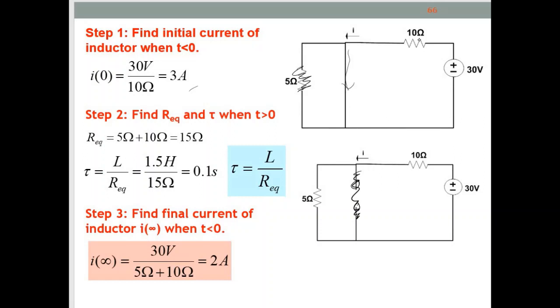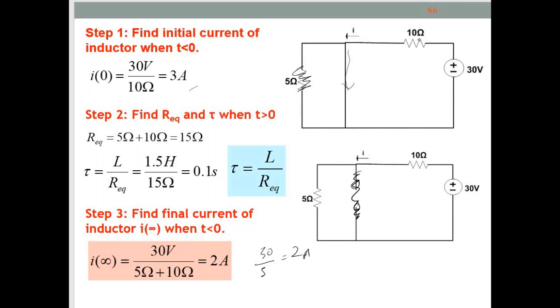So 30 divided by 15 will get the same value as the previous method, 2 ampere. Okay, and R using this method can easily be seen. 5 and 10 of course is a series because the current that flows is the same value.